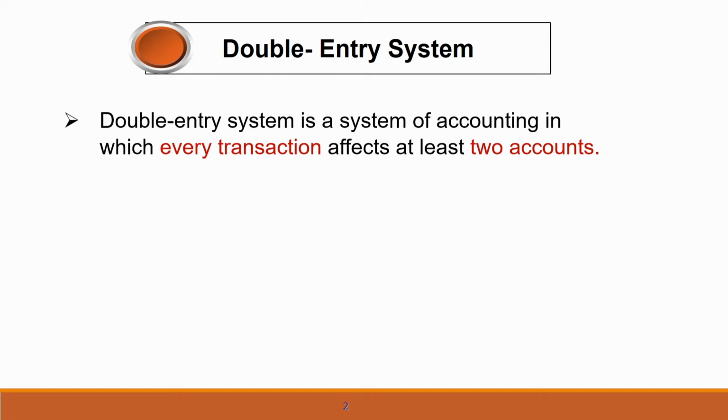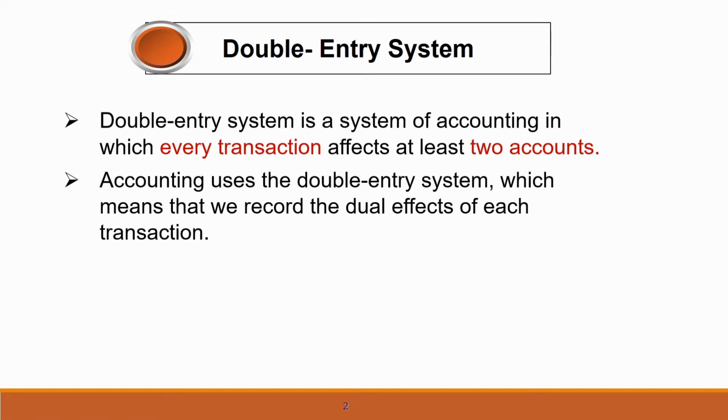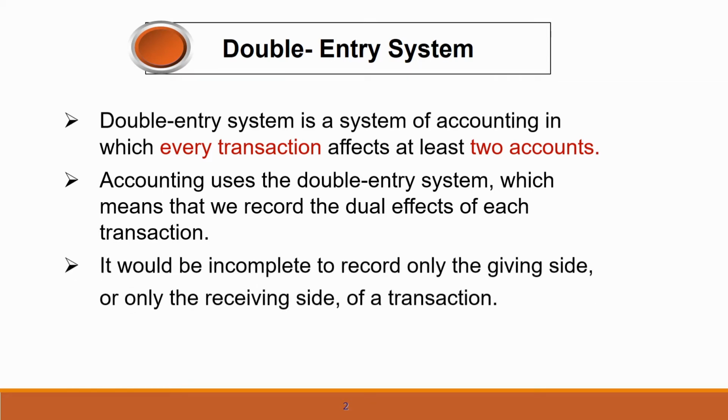So it means that every transaction will involve two accounts. Accounting uses the double entry system, which means that we record the dual effect of each transaction. It would be incomplete to record only the giving side or only the receiving side of a transaction.